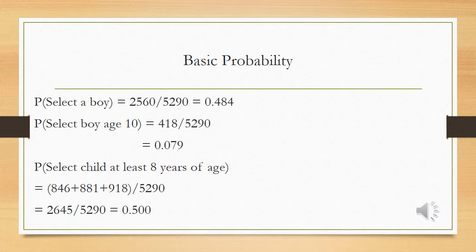Now as we get more specific, probability of selecting a child that is at least 8 years of age. Now we have a different probability here at hand. So what we're going to do is add all the children from age 5 to age 8, boys and girls together, because it says a child.